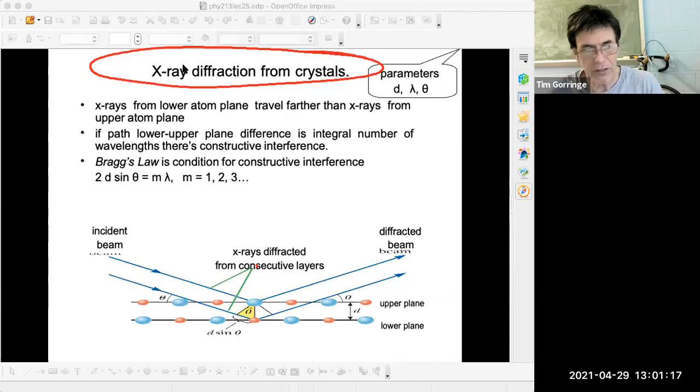Well, the reason they're very similar is that they involve a similar sort of interference of electromagnetic waves. So the visible light with the soap bubble rainbows, that was interference of visible light. And the X-rays on the crystals, that's the interference, again, of X-rays.